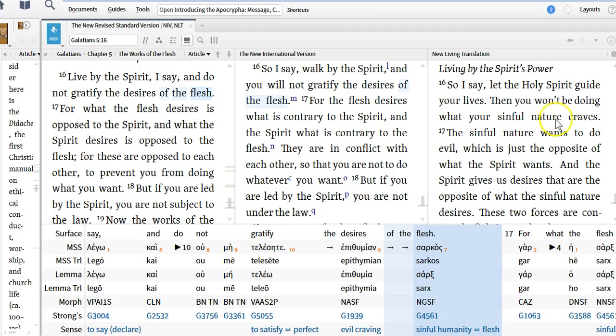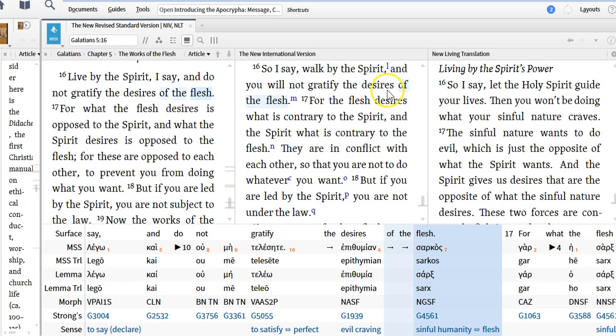What is interesting about the NLT, though, is it clearly understands sarkos as a subjective genitive. The flesh is desiring. That's how it understands this. What your sinful nature craves, the flesh is doing the desiring.